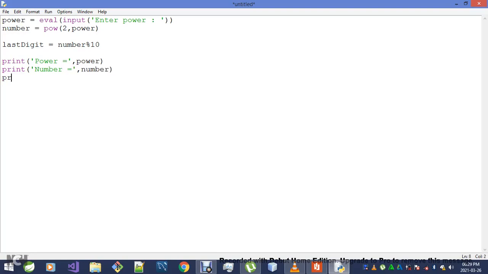Now print. Last digit. Not digits, digit.